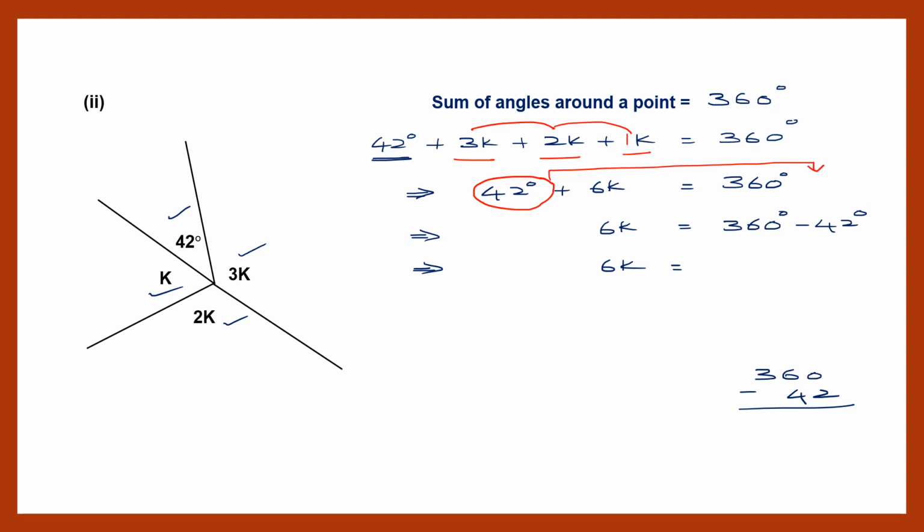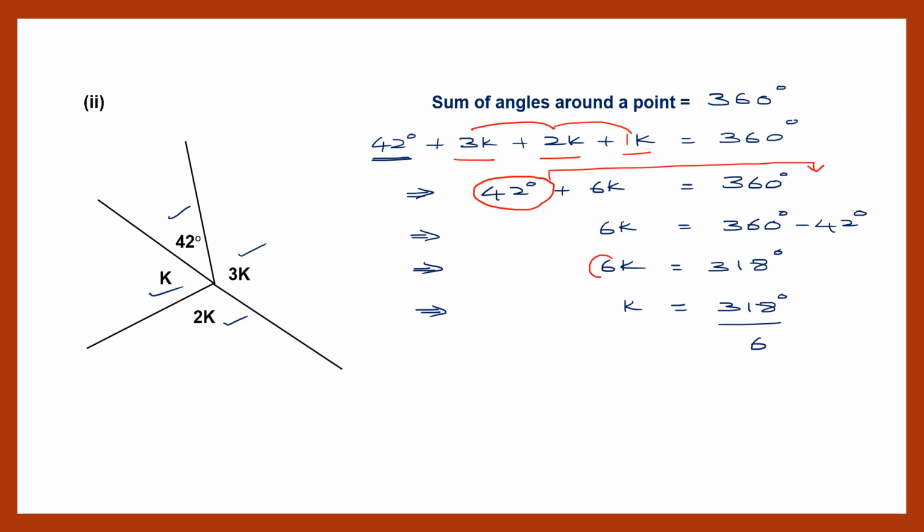Let's do the subtraction. Borrow, this is 5 and 10. 10 minus 2 is 8. 5 minus 4 is 1 and this is 3. 318 degrees.